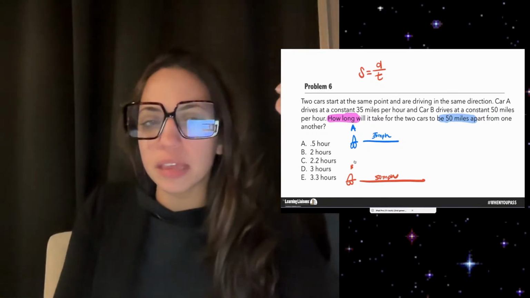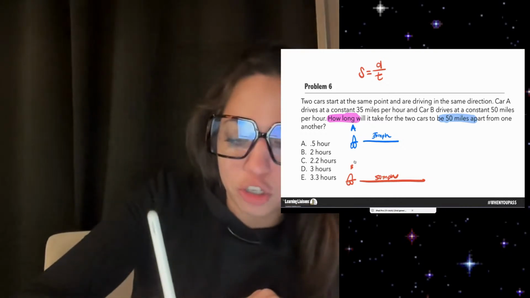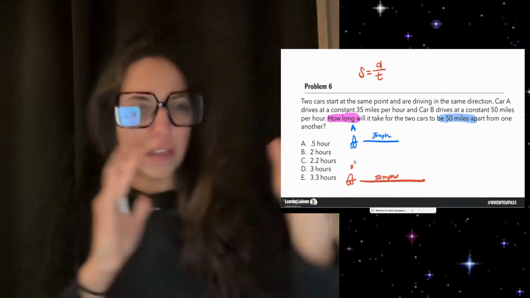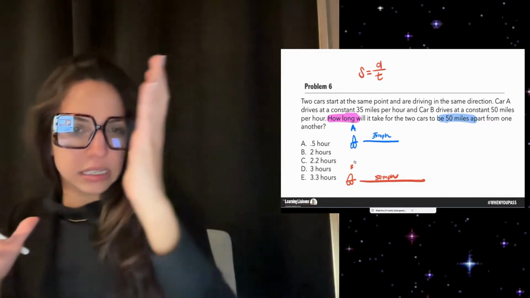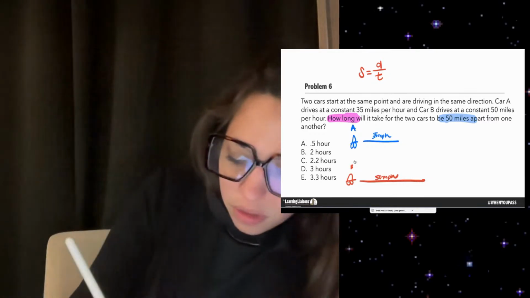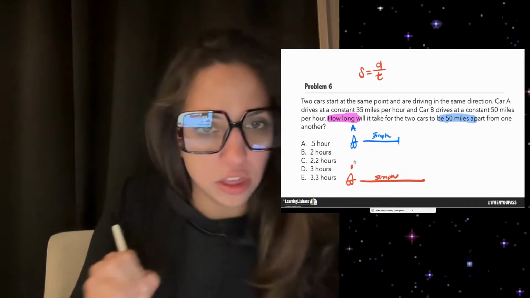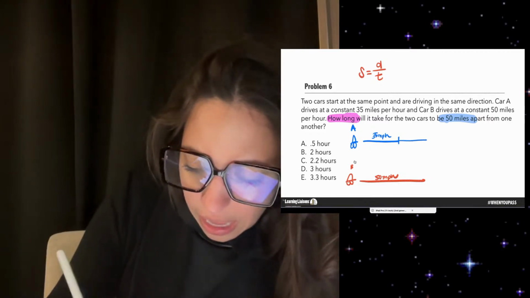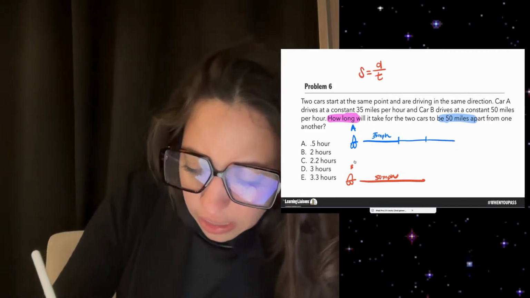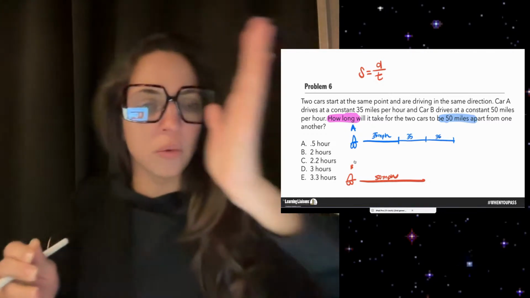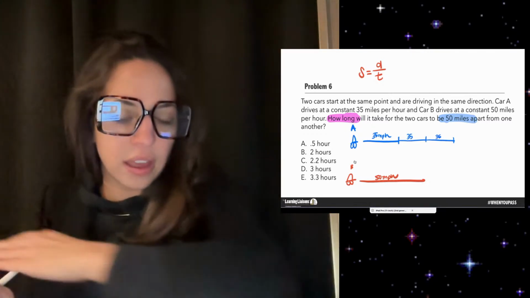If that is something that confuses you, I want you to approach the problem a little differently. If they're going at a constant speed, then car A after 1 hour is at 35 miles. And then 35, and then 35. Each hour, that car is going 35, 35, 35.